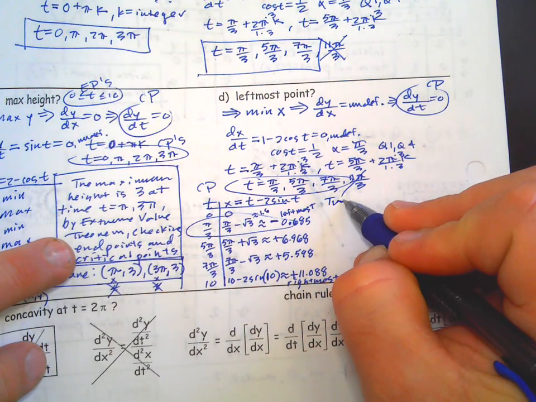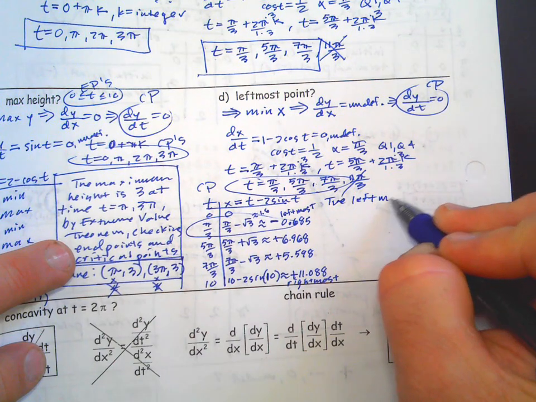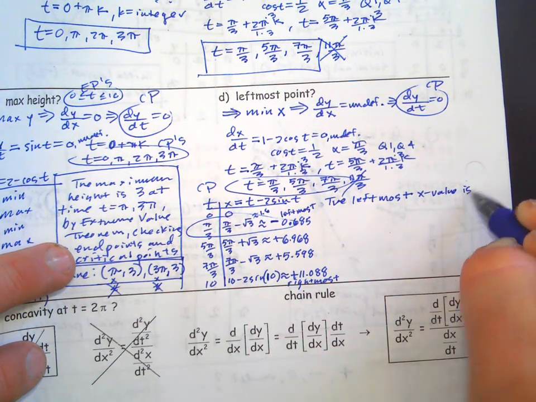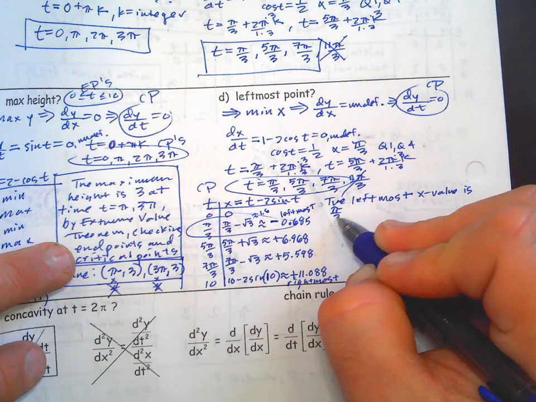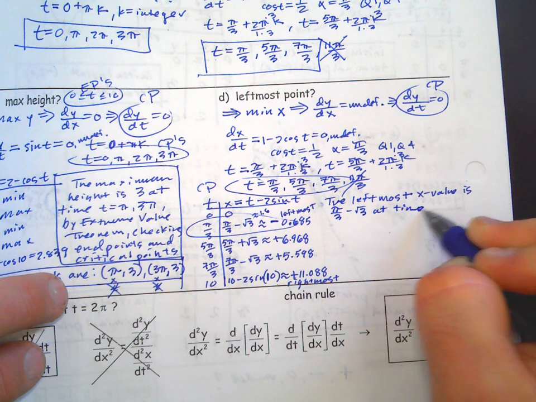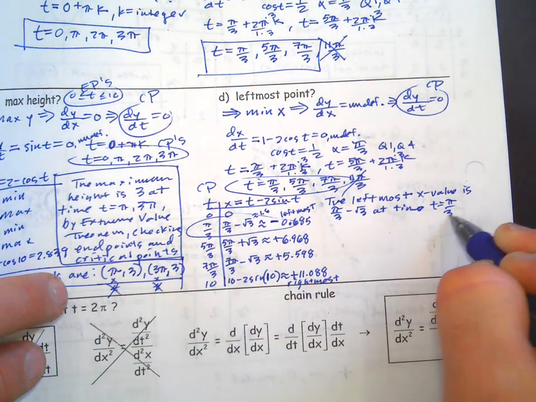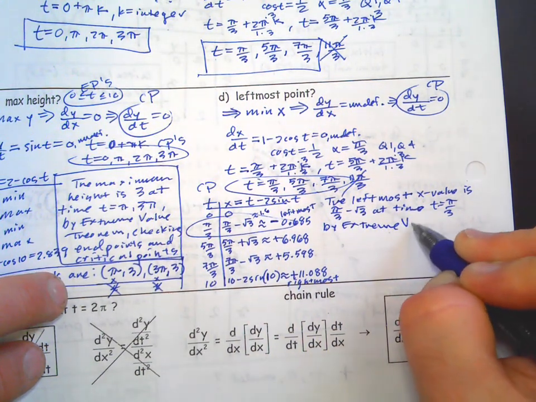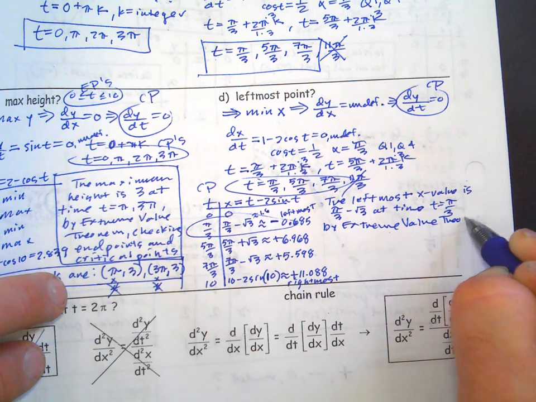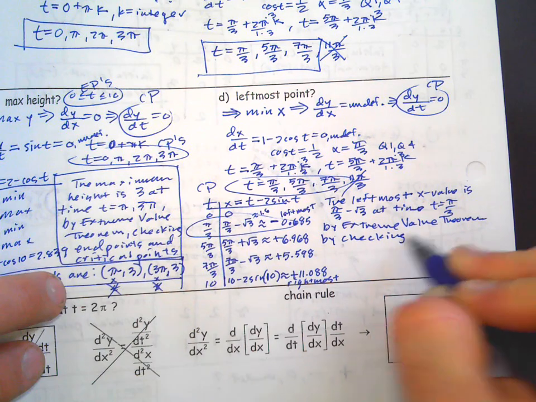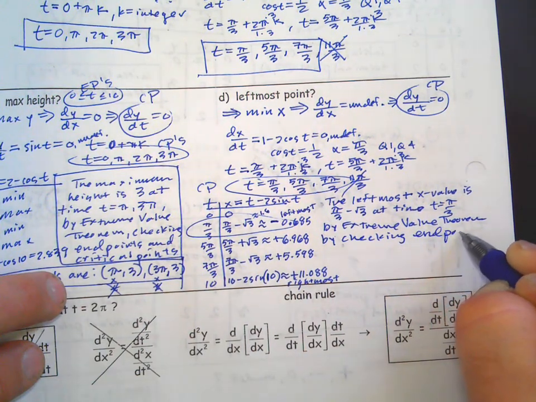The leftmost x value is, and we want to use the exact values, pi over 3 minus root 3 at time t equals pi over 3 by extreme value theorem, by checking endpoints and critical points.